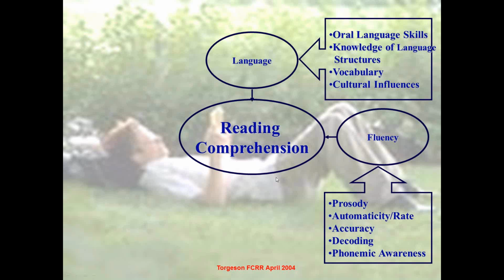So a lot of times maybe our children with autism are reading through text, but they have no expression in what they're reading. And that often is an indication that they don't understand necessarily the text. So they might be fluent enough, they might be automatic enough, but they are not prosodic, they're not expressive. They blow through punctuation. And that is another area of fluency.